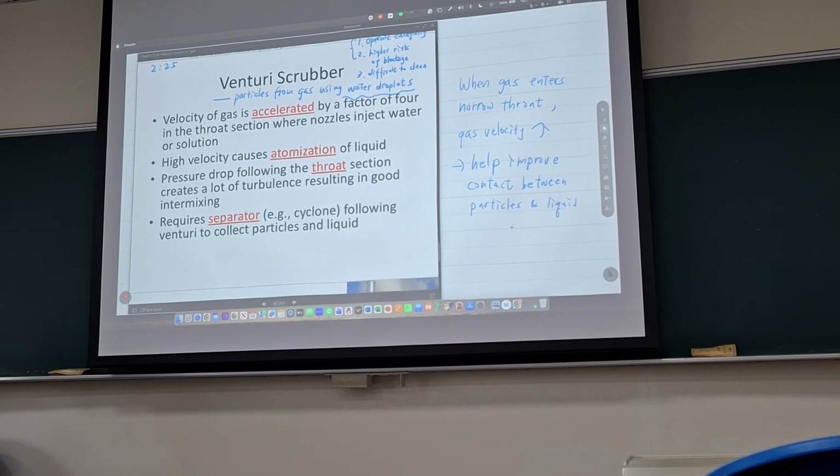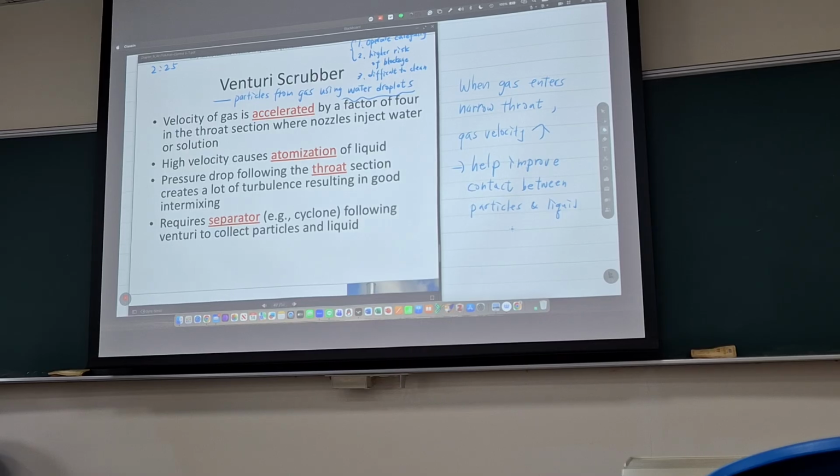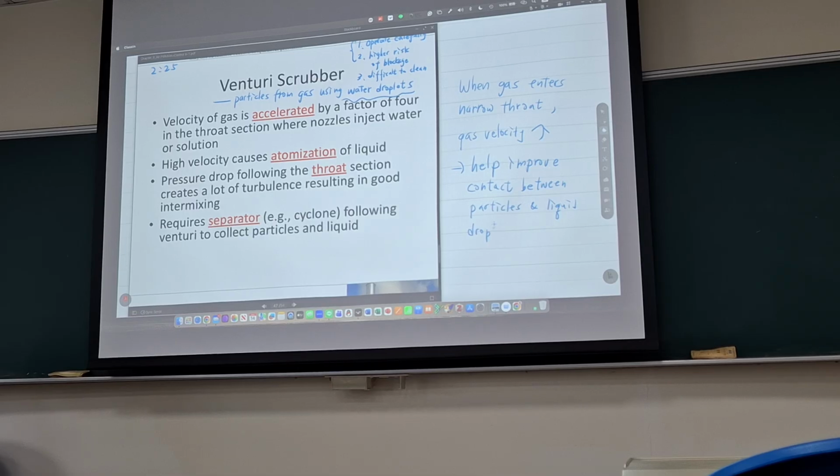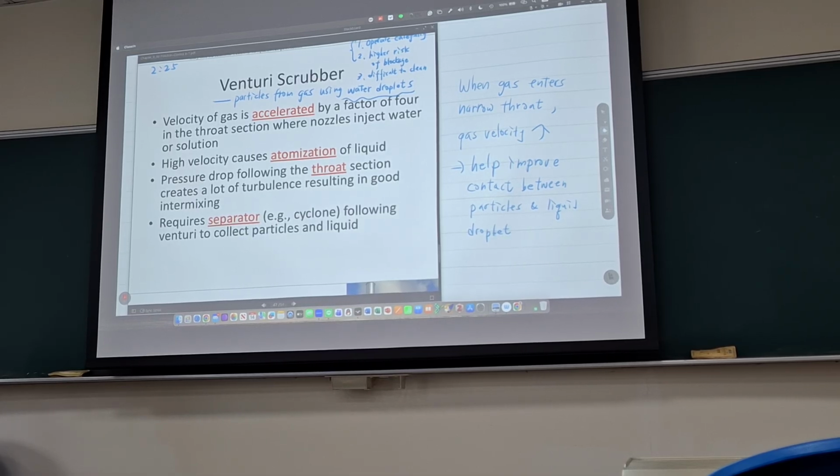So the high-speed gas helps improve contact between particles and the liquid droplets.